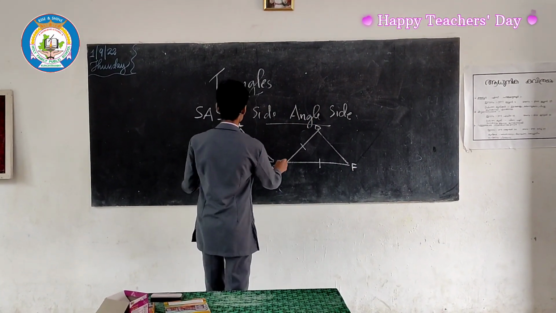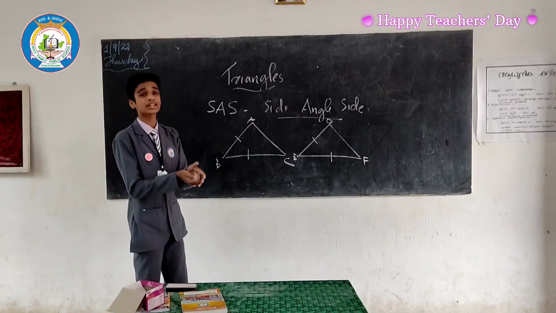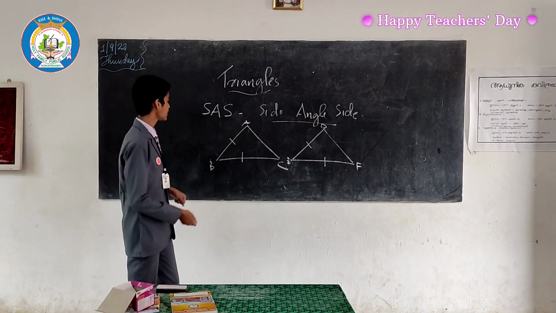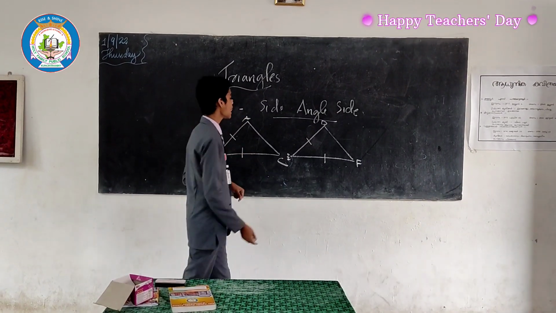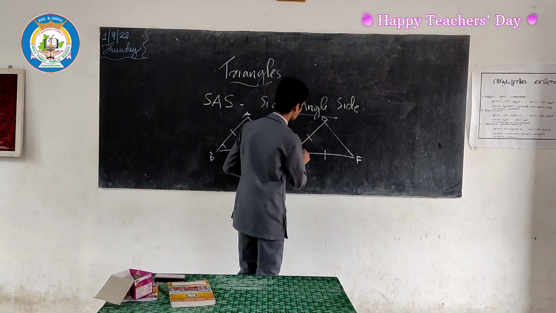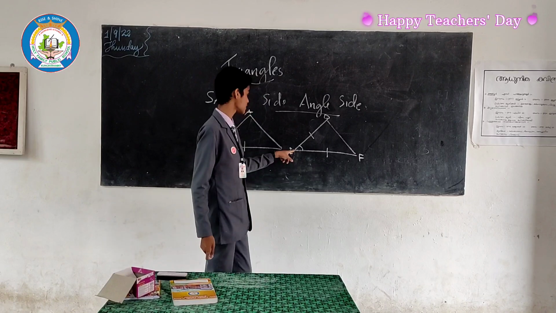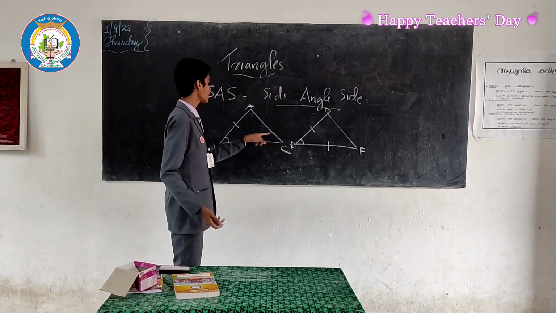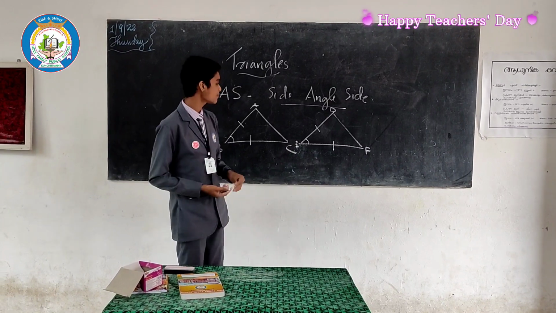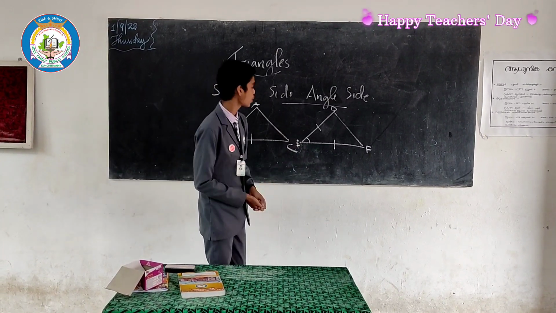Now we can see that two sides are equal. Which is the included angle inside this? We find that angle ABC is the included angle between AB and BC, and angle DEF is the included angle between line segments DE and EF. So, these two included angles are also equal. Then we can say that these two triangles are congruent.